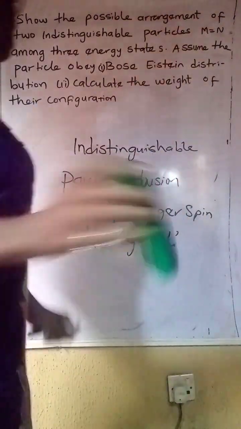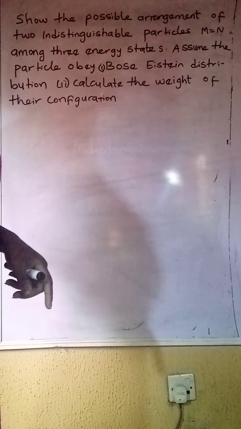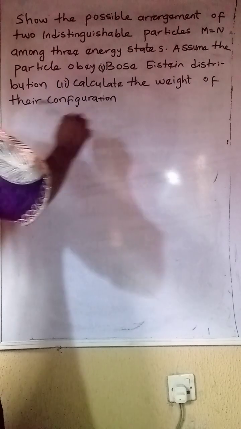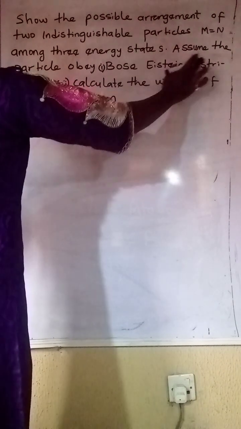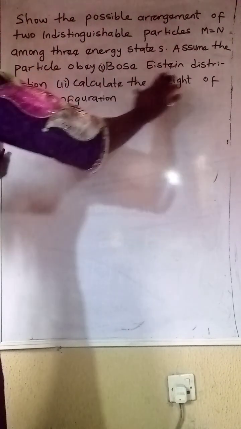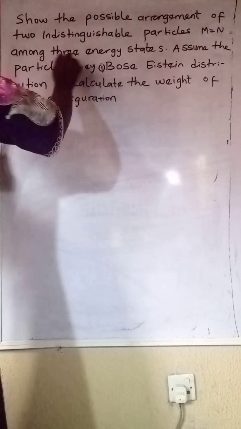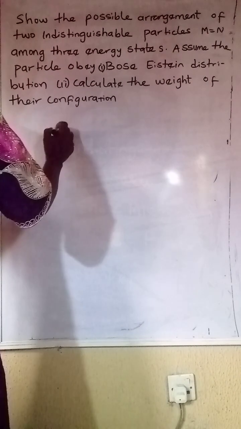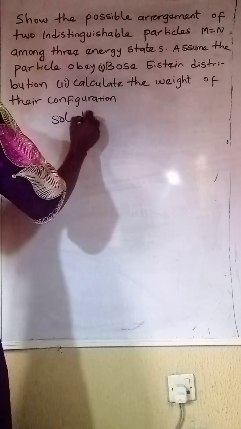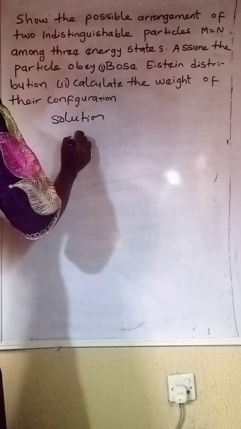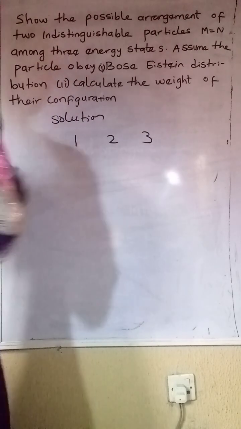So now, going by the question we have on the board, it says assume the particle obeys Bose-Einstein distribution. Calculate the weight of their configuration. Now the question says show the possible arrangement. So we have been given three energy states, say 1, 2, 3.